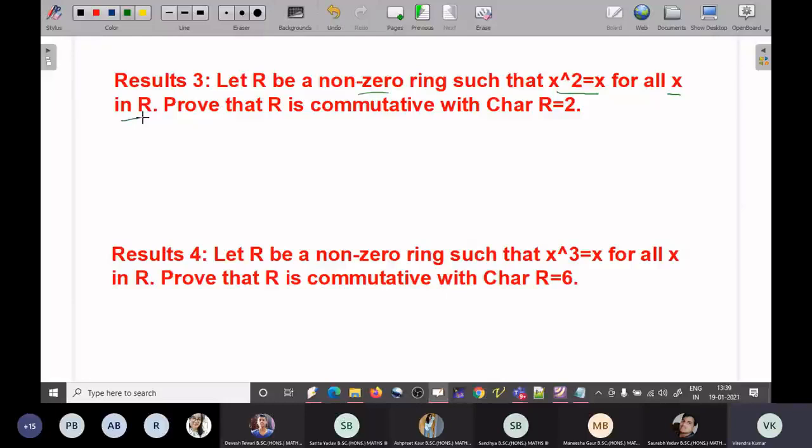And then if x cube equals x for all x, then prove that the characteristic is 6. Fine. So this is a result related with a ring. I hope I have given you commutativity questions earlier, okay. So if you say, I will prove the first one, and the second I will have you prove if you ask, otherwise you can try yourself.